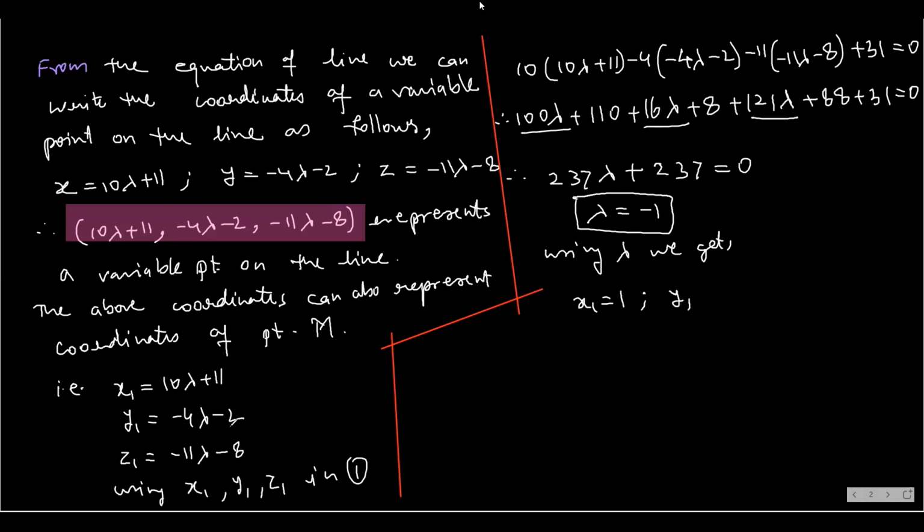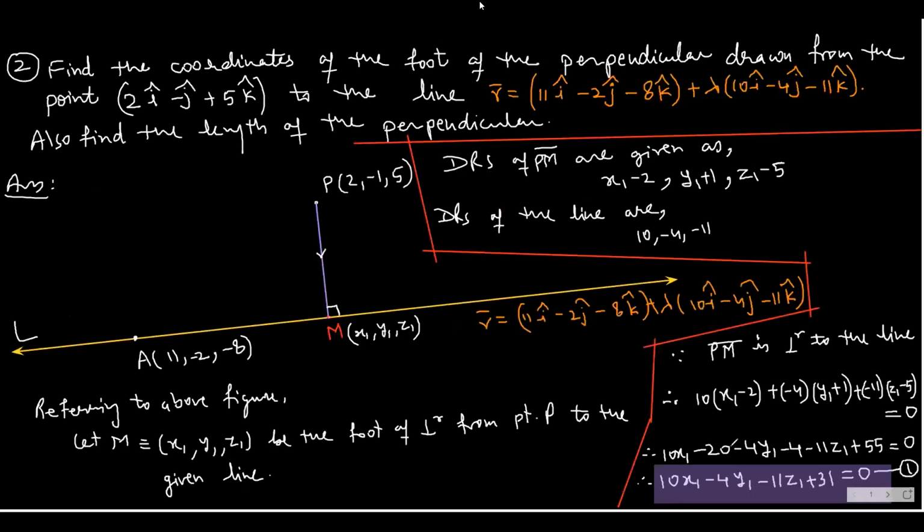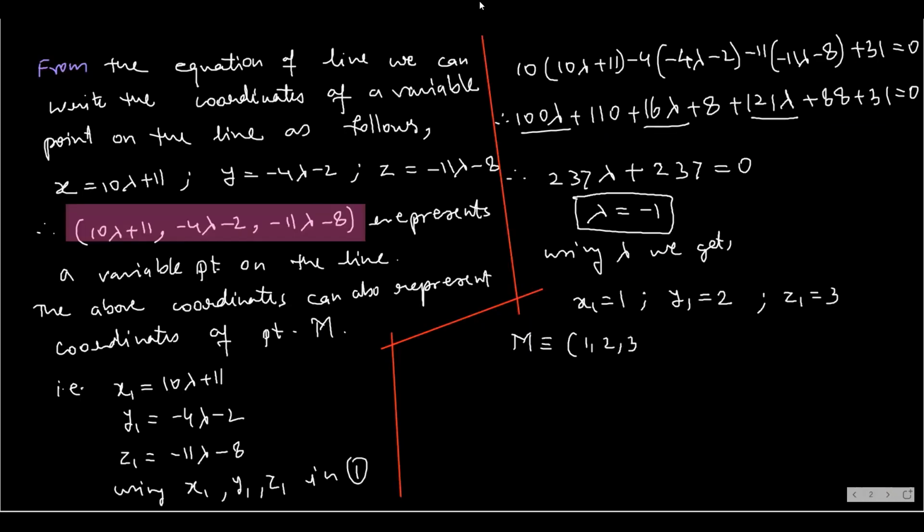And y1: lambda is -1, so this is +4. +4 minus 2 is 2. And z1: lambda is -1, so this is +11. +11 minus 8 is 3. So Z1 is 3. So you got the M. See, what was M? You got it as 1, 2, 3.